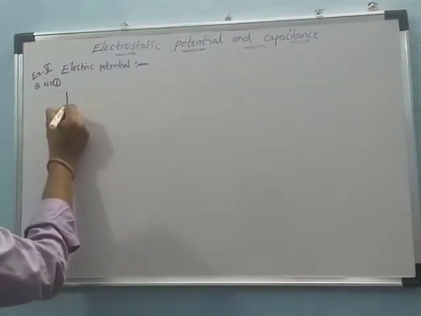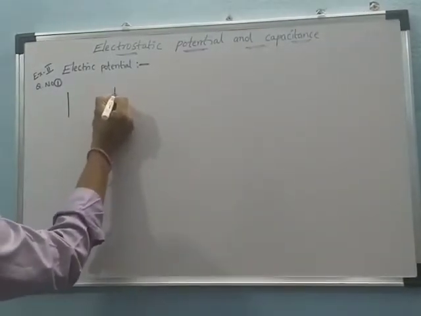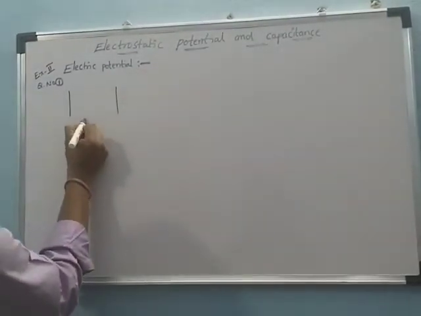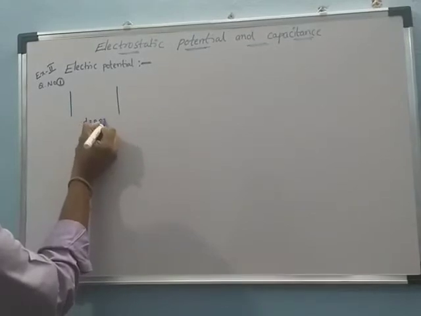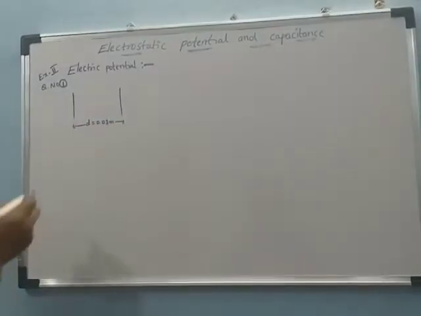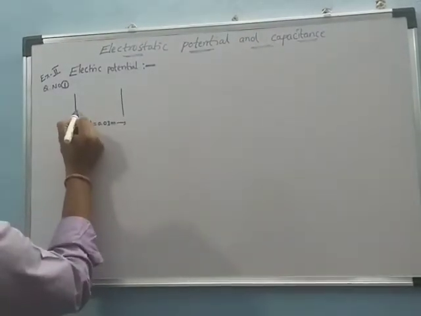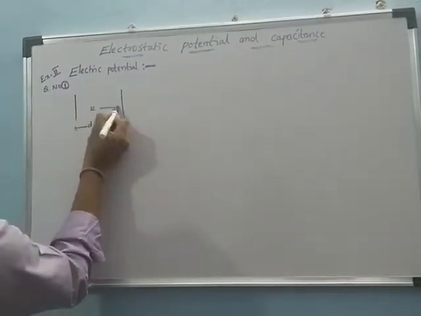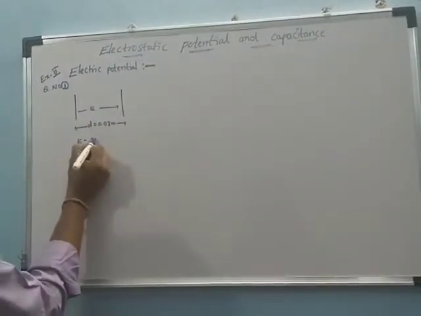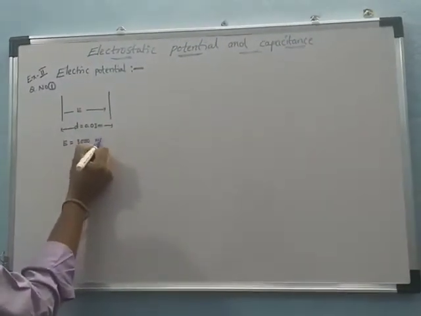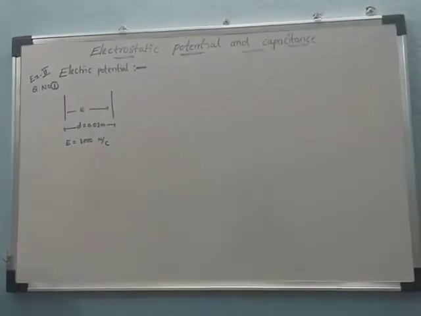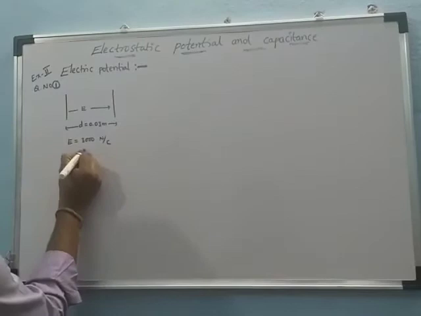These are the two parallel plates, separated by a distance D equal to 0.03 meter, and the electric field E between these two plates is 3000 Newton per Coulomb. What is the potential difference between the plates?